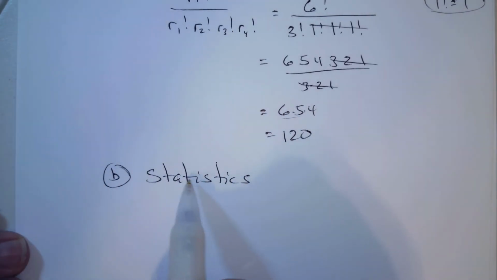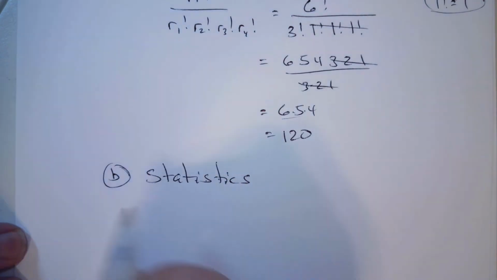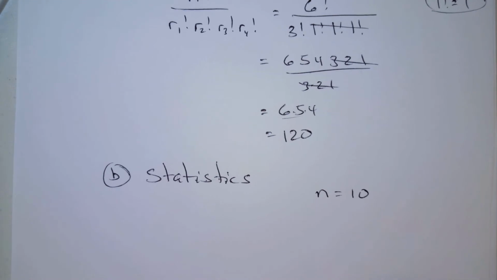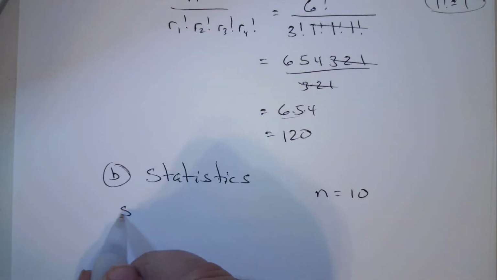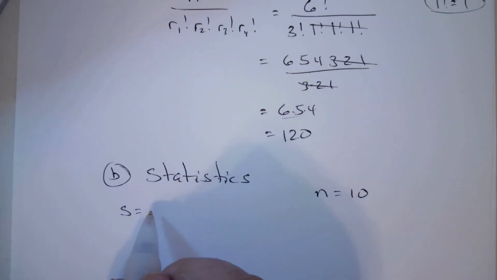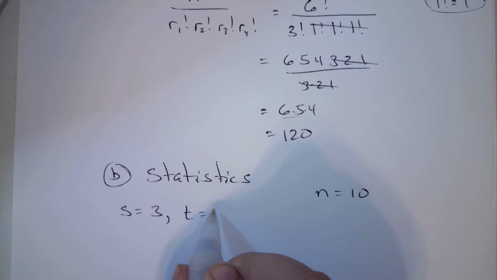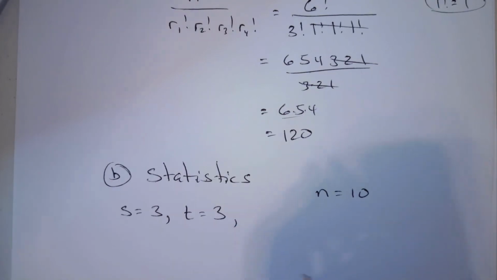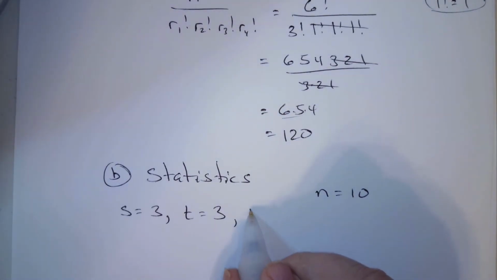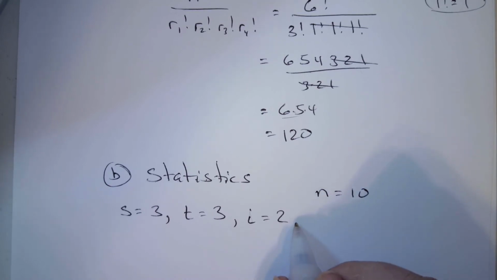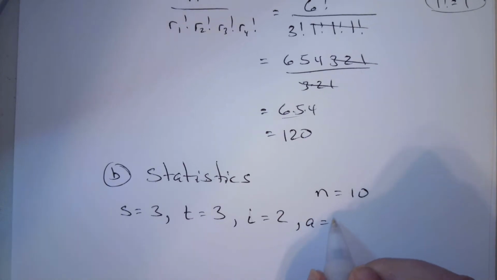1, 2, 3, 4, 5, 6, 7, 8, 9, 10. So n equals 10. S occurs 3 times. T occurs 3 times. I occurs twice. A occurs once, and C occurs once.